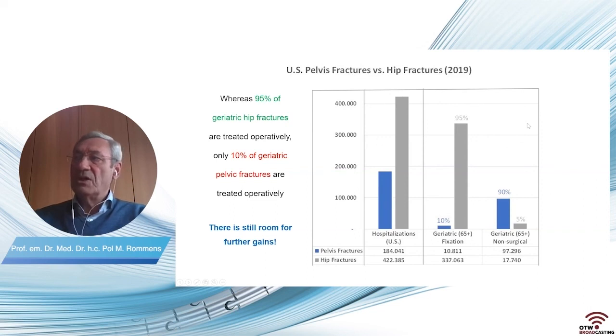But if you look at the geriatric population, then you see that 95% of the hip fractures are treated operatively, while geriatric pelvic fractures are only treated operatively in 5% of the cases. These are numbers of 2019.